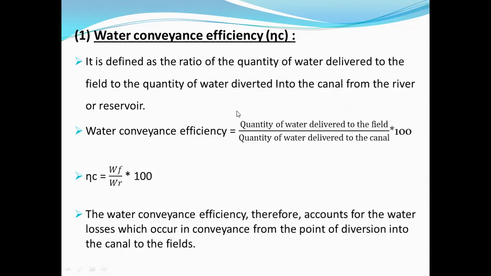The water conveyance efficiency therefore accounts for the water losses which occur in conveyance from the point of diversion into the canal to the field, right? So we have learned the definition and how to calculate this efficiency.